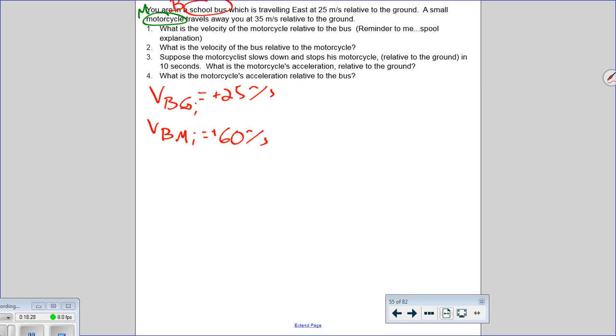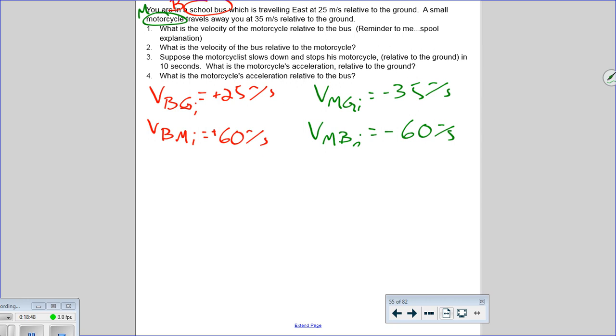Yes. And we know that the velocity of the motorcycle relative to the ground initially is negative 35 meters a second, and the velocity of the motorcycle relative to the bus initially was negative 60 meters a second. All right, so that's what we've just figured out. Everybody good up to there?